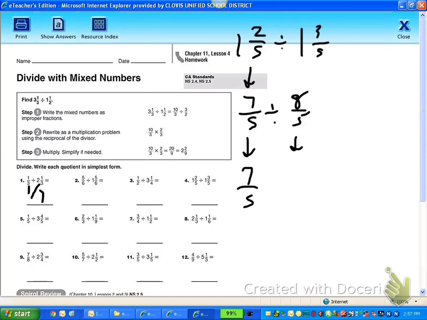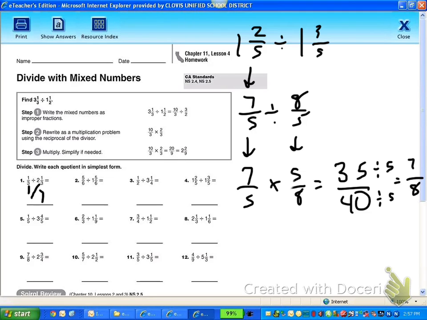Keep, flip, change. Multiply across. 35 over 40. And of course reduce, and we get 7/8. So number 4, your answer is 7/8.